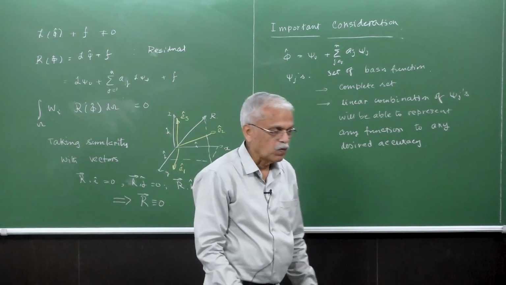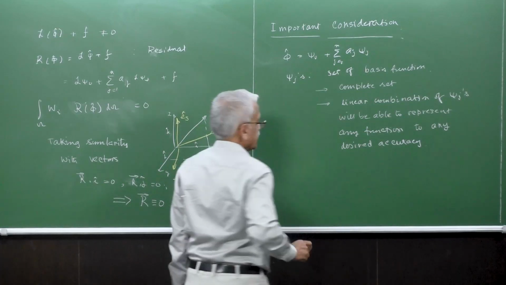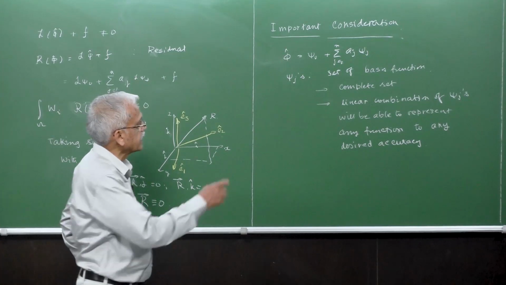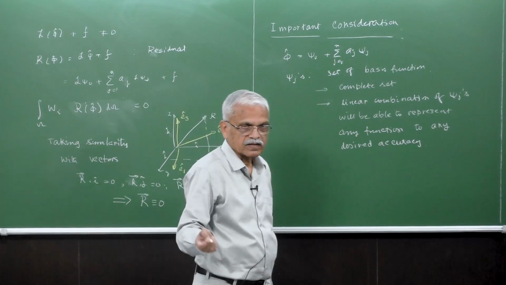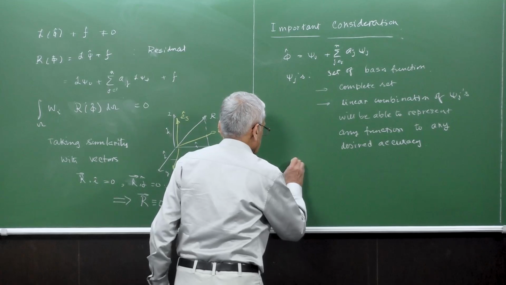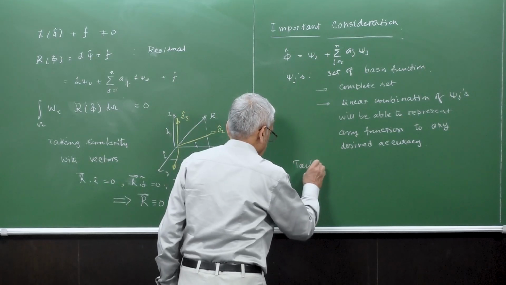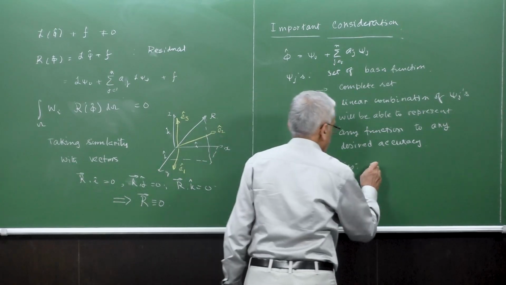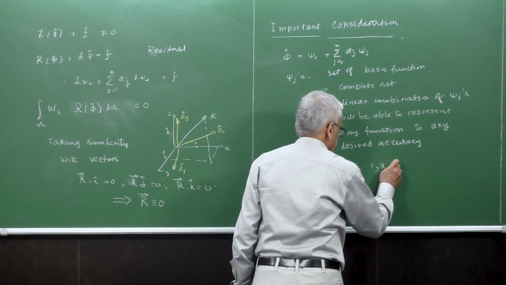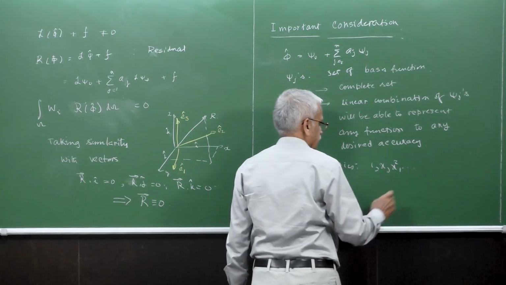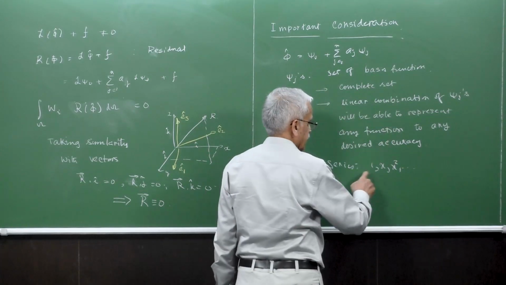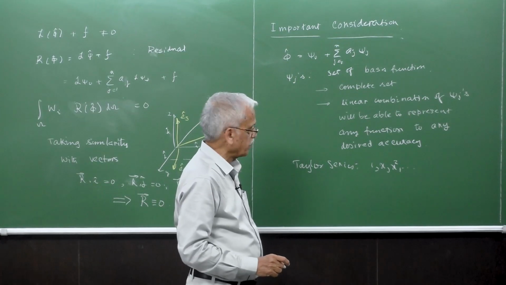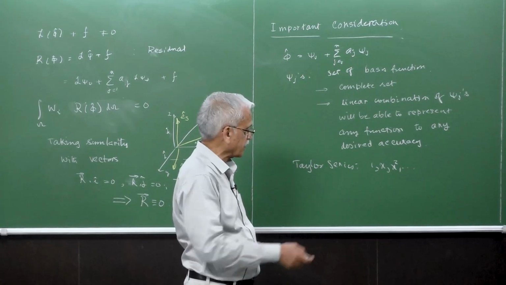Okay, so this is one. We know that such basis functions are something like the Taylor series, with terms 1, x, x squared, and so on. A linear combination of these will be able to represent any function in one dimension.